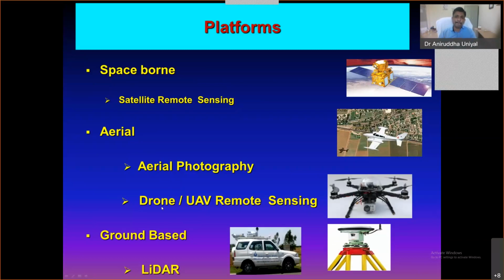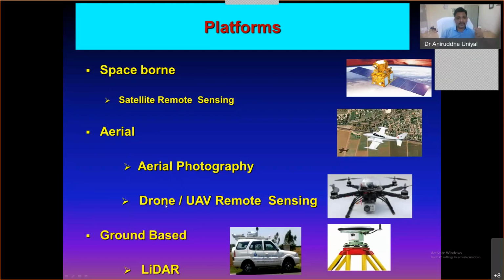So even for microgeomorphology, for imaging of the small features or landforms associated with the rivers, these drones can be used. And drone, the full form of drone is dynamic remotely operated navigation equipment.